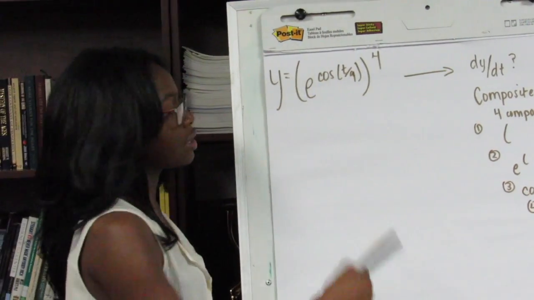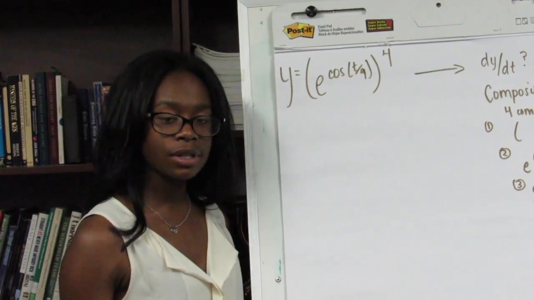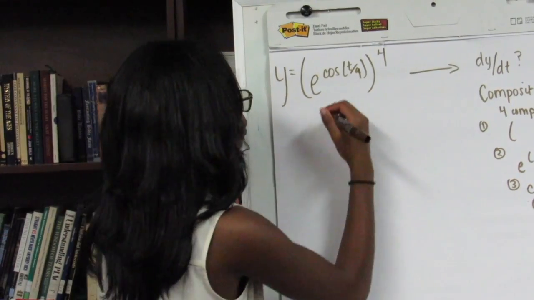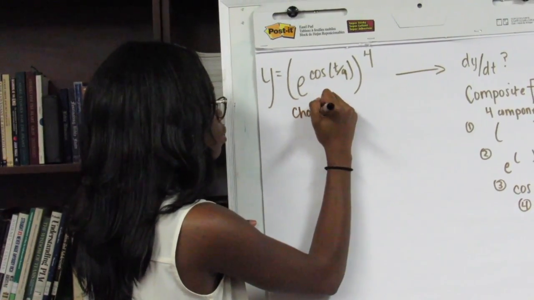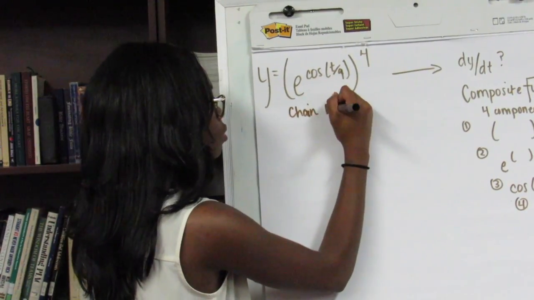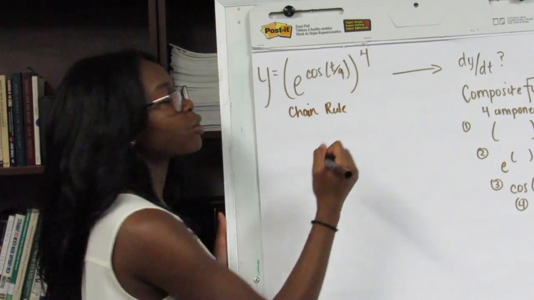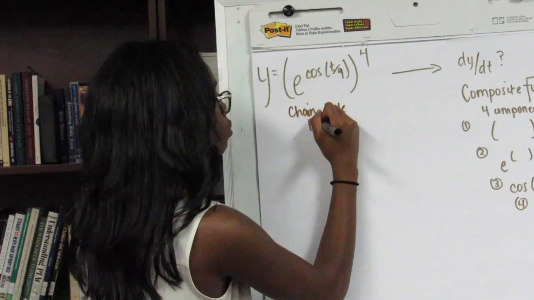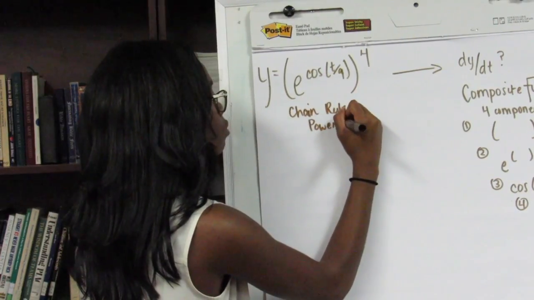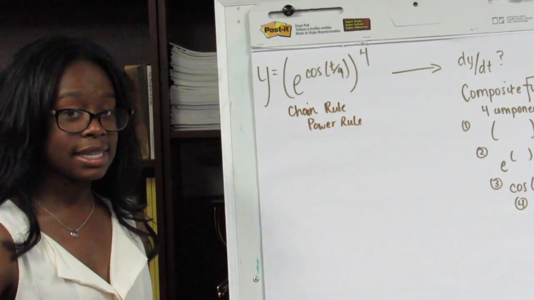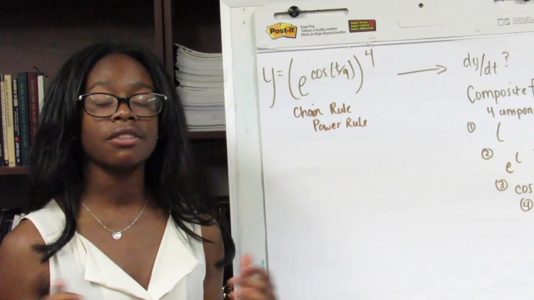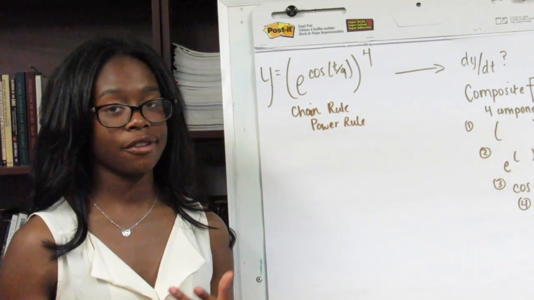In computing this derivative, we will be using several derivative rules, 2 prominent ones being the chain rule and the power rule. The chain rule states to take the derivative of the outer function with respect to the inner function.